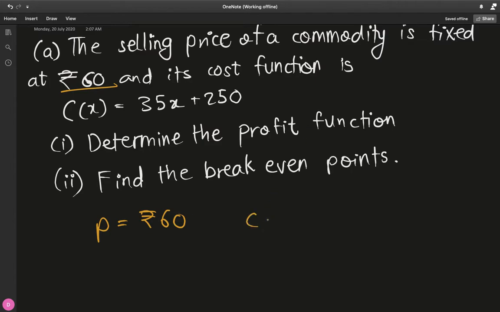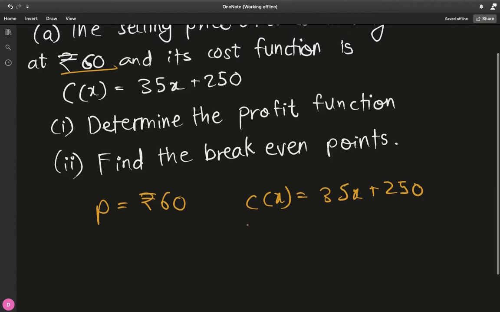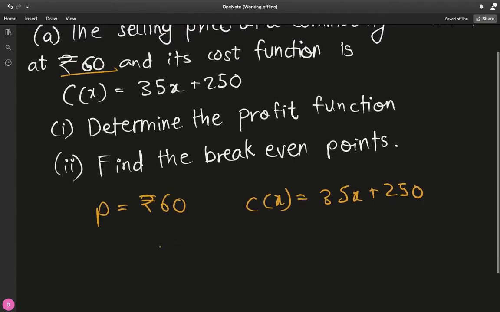And the cost function is 35x plus 750. We can determine the revenue function from this data, because the revenue function is the demand function small p multiplied with the number of items that you are selling. So 60x, that's the revenue function.